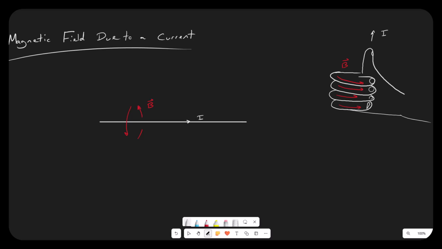In this case, I would take this wire that has a current going to the right. I'm going to grab the wire with my right hand and point my thumb in the direction of the current. And when I do that, my fingers curl around like this.